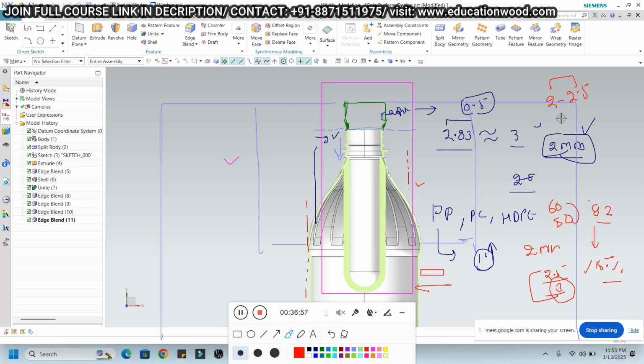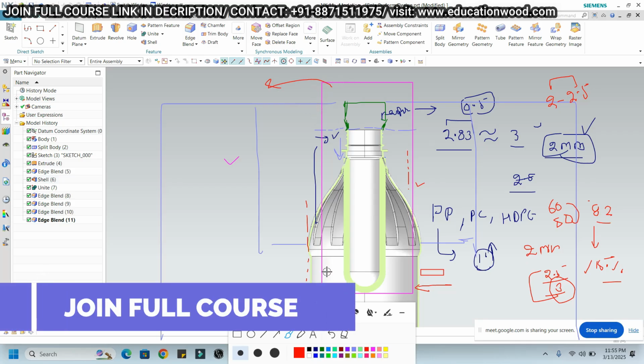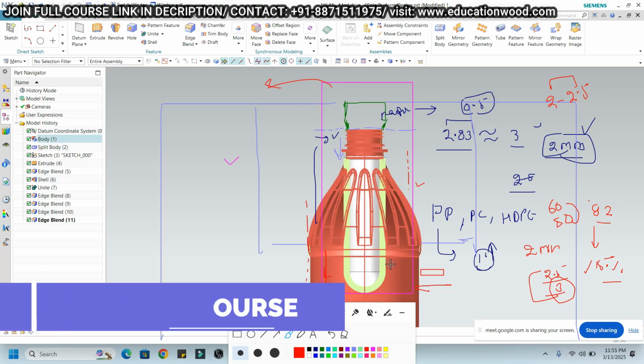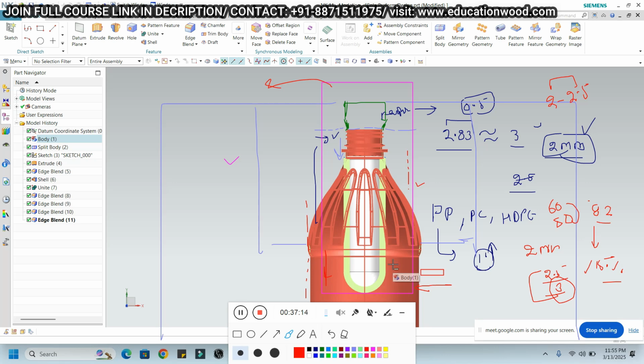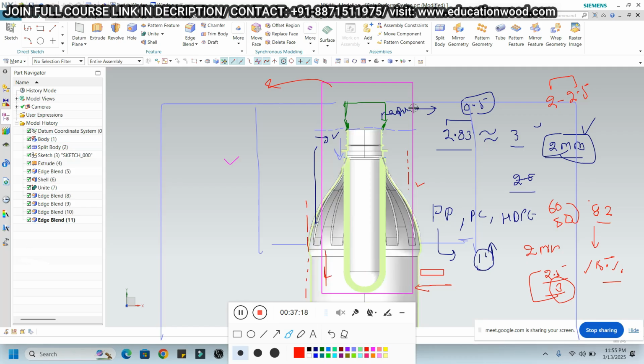No, sir. I got confused here. For example, this is the parison. So basically, the parison has no fixed wall thickness or diameter; it can be controlled there. We cannot provide a fixed diameter to the parison.